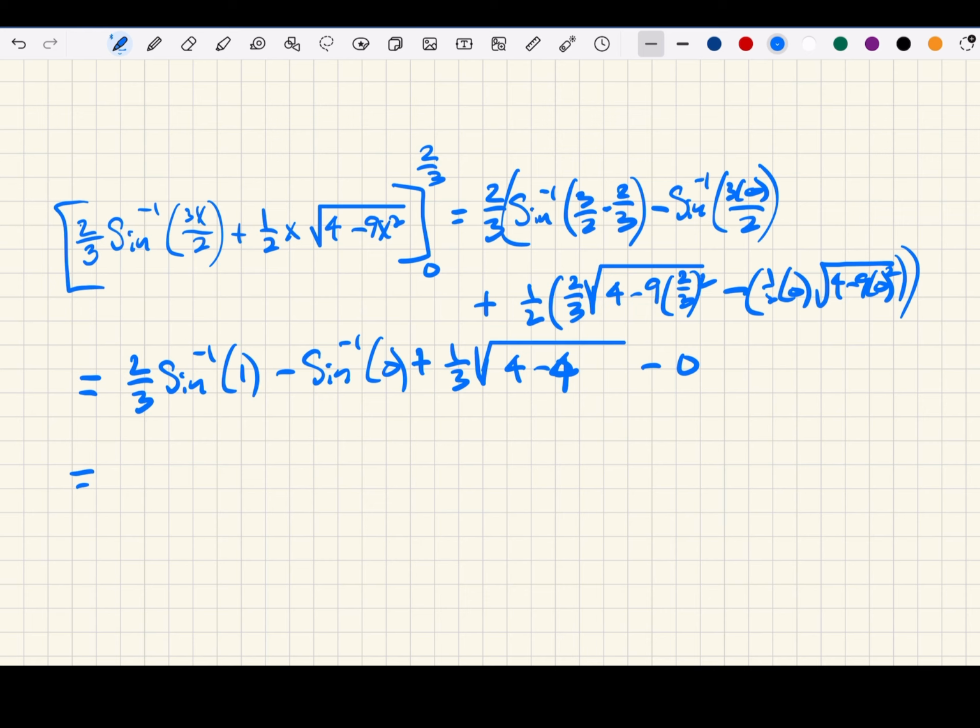So we have 2/3. The inverse sine of 1 is pi over 2, minus the inverse sine of 0 is 0. So this whole thing would be equal to pi over 3.